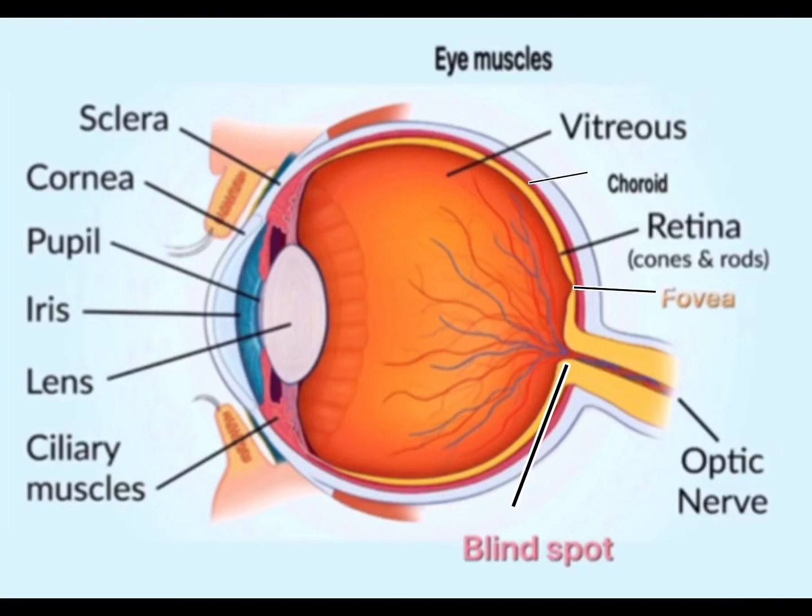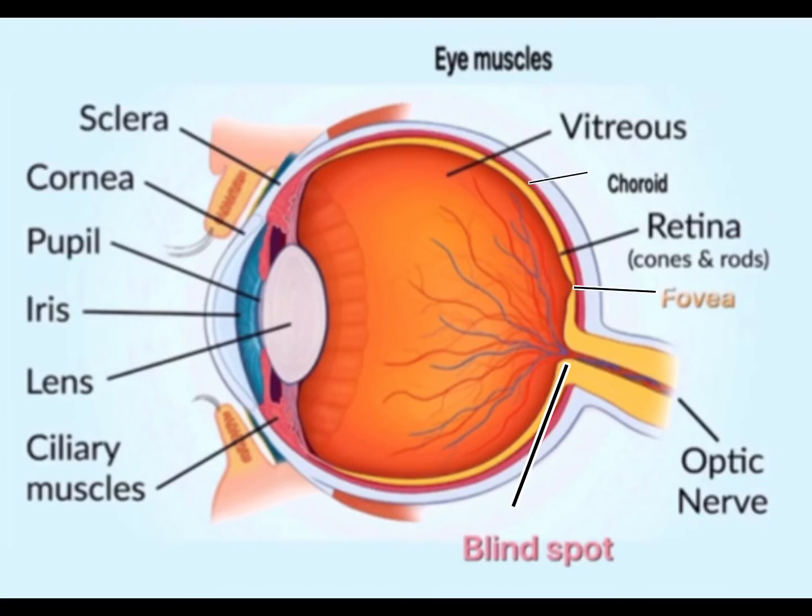Okay. Optic nerve. This is the most important part of the eye, because the optic nerve connects the eye and the brain. The function of the optic nerve is sending messages to the brain.